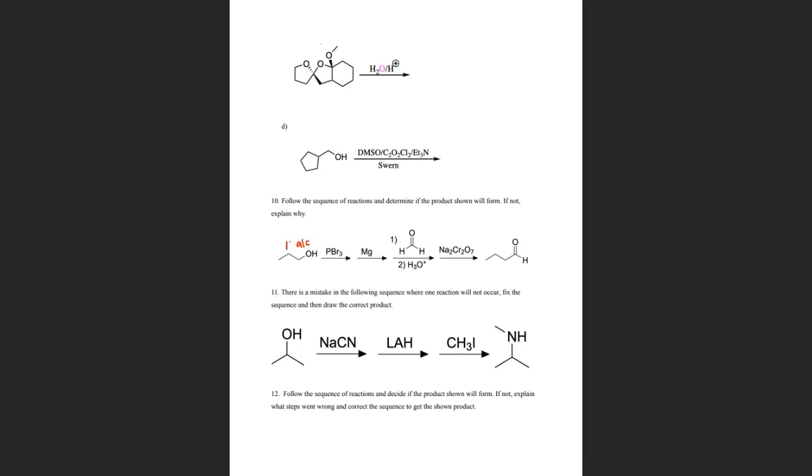So our first step would give us the same structure, but you're just essentially substituting the Br with the OH. And that works out perfectly for our next reaction, which is a Grignard formation. So you get this little alkane with an MgBr at the end.